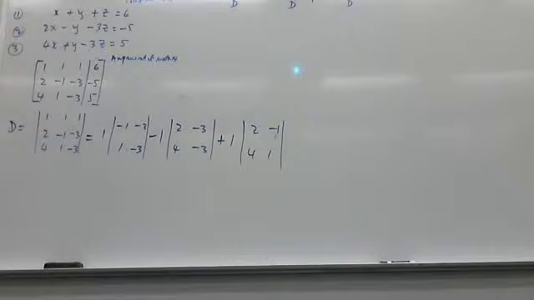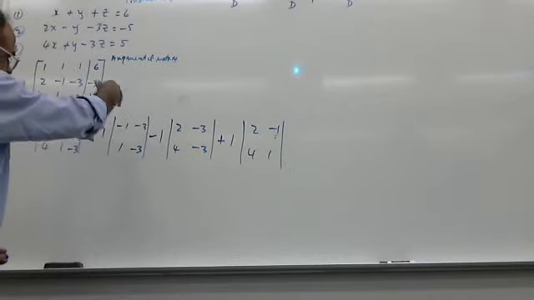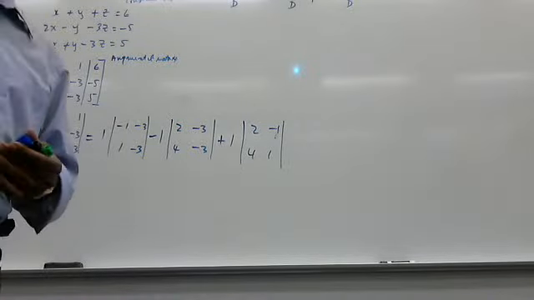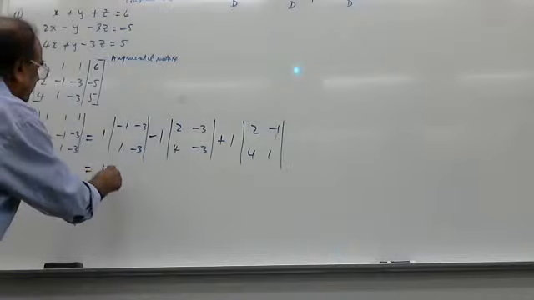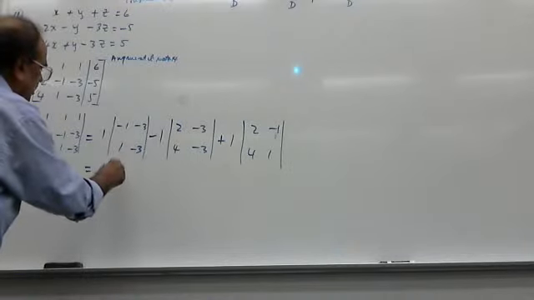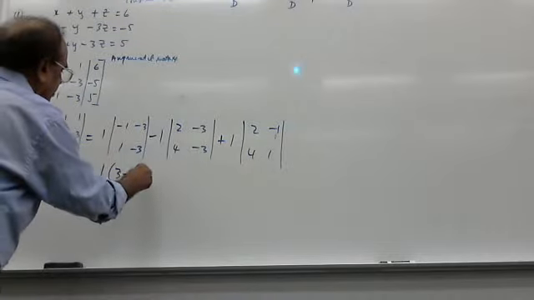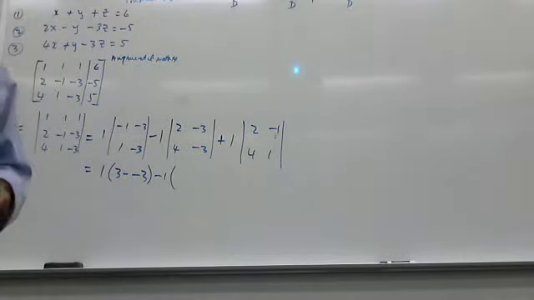For the 2 by 2 square matrix, we multiply the elements in the main diagonal and subtract the product of the numbers in the other diagonal. So this will give me 1 times -1 multiplied by -3 is 3, minus a negative 3 times 1 is -3. This is a -1, and I will continue the process.